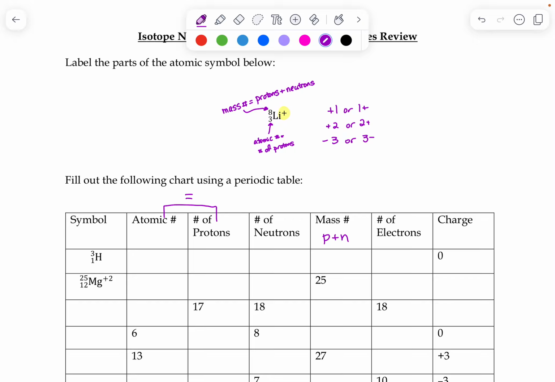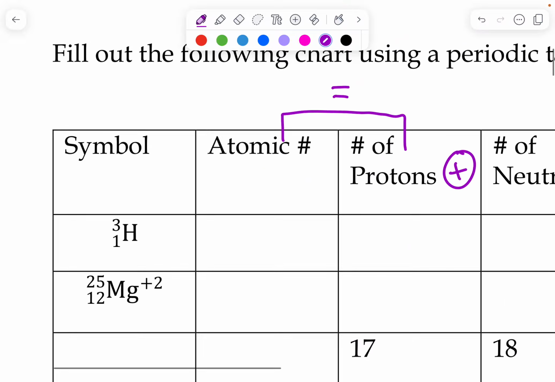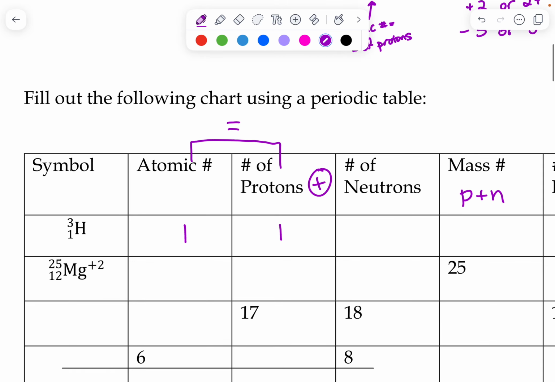And then charge, you're going to compare the positive protons to the negative electrons and see what there is more of. So this guy, when we look at our symbol 3 1 H, the 1 is the atomic number. All hydrogen atoms have 1 proton. That's what makes hydrogen hydrogen. Now the 3 is the mass number, protons plus neutrons added together.